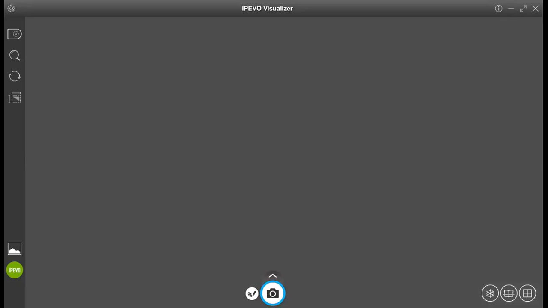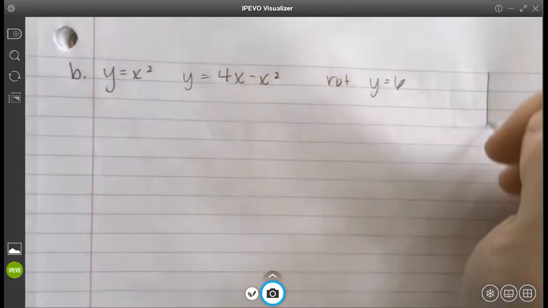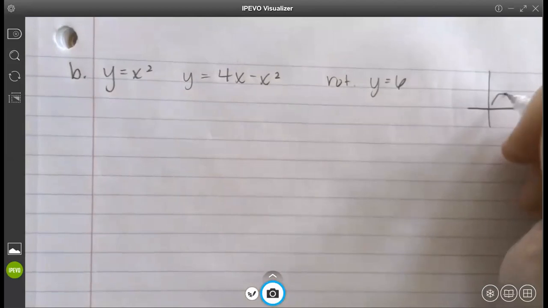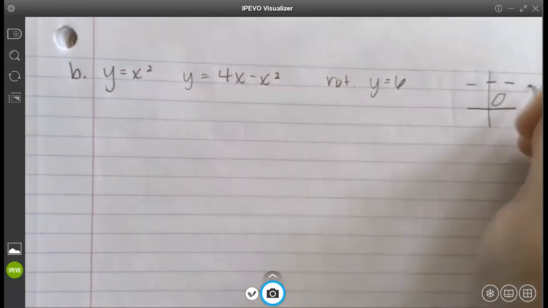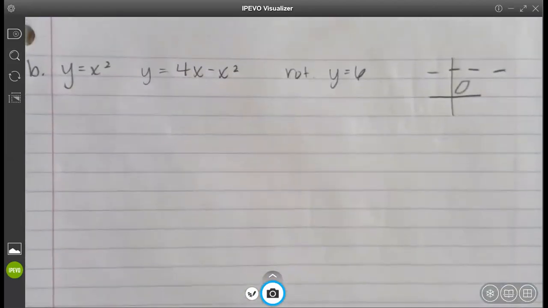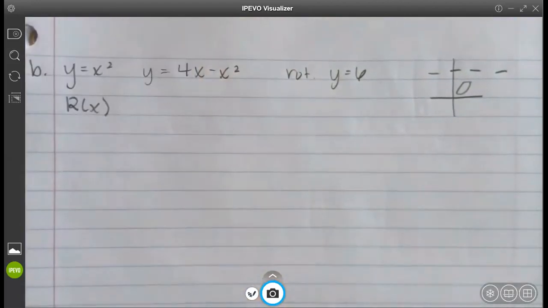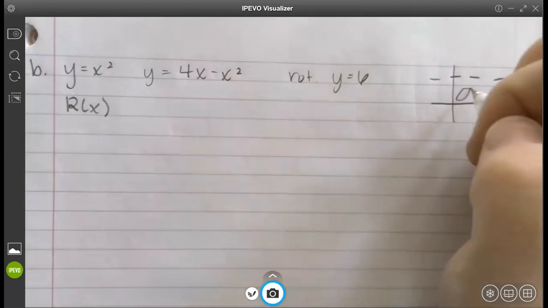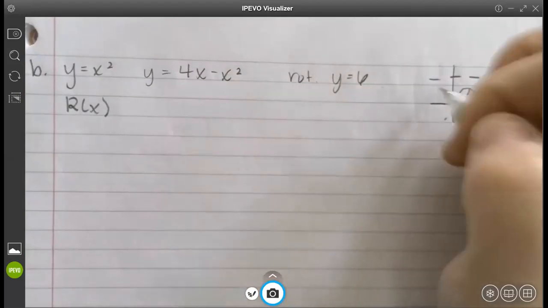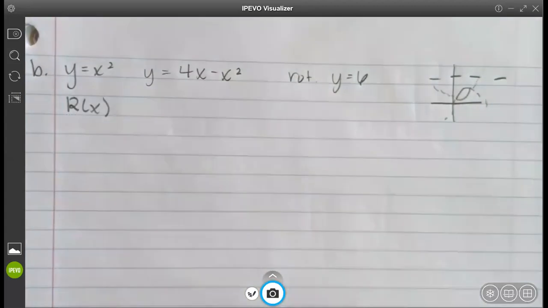So the first thing that you're going to do, I'm going to kind of redraw it again for you. Like this. Okay, this is what we're rotating. We need to figure out our R of x. How do we do that? Remember that your top function is your negative and your bottom function is your positive.